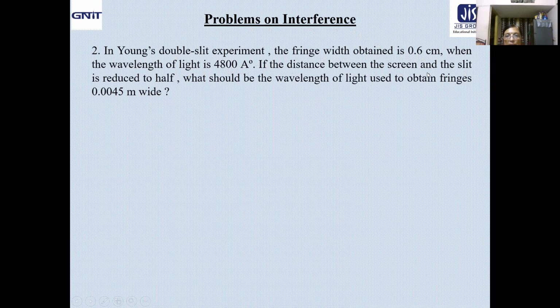If the distance between the screen and the slit is reduced to half, that means capital D is now D by 2, what should be the wavelength of light used to obtain fringes 0.0045 meter wide? Previously it was 0.6 centimeter, now it is 0.0045 meter wide, and you are asked to find the wavelength if the distance between the screen and the slit is reduced to half.